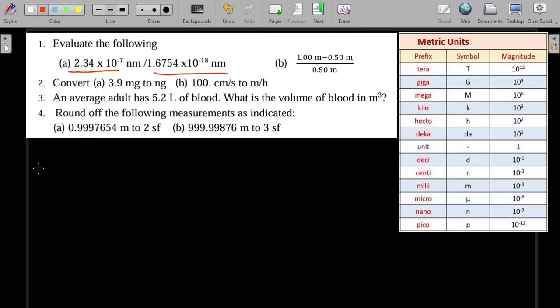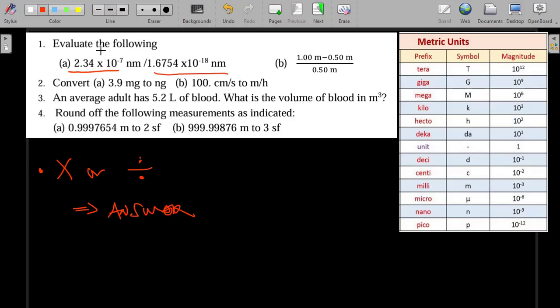So the rule when we are multiplying or dividing two numbers that have different numbers of significant figures is that the answer you get should have the same number of significant figures as the number that had the least number of significant figures of the two numbers you are dividing.